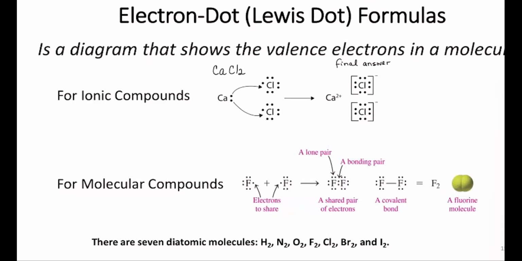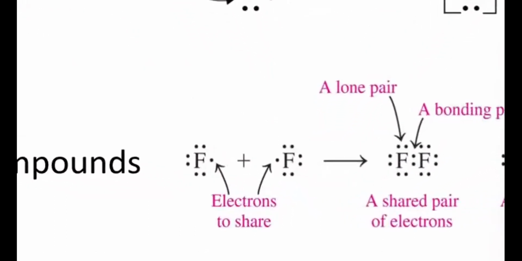In the following example, I'm illustrating the following molecular or diatomic molecules. So this is a diatomic element. When we see fluorine out there in the world, fluorine is always paired with another atom of fluorine. So what that means is that those 2 fluorines, each of them have 1 electron to share.